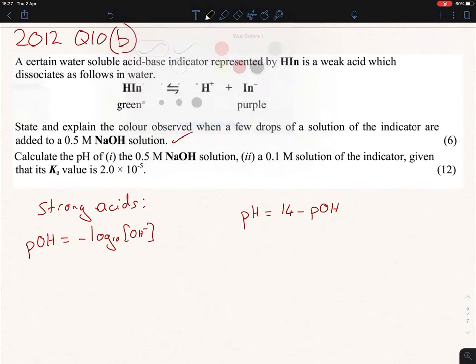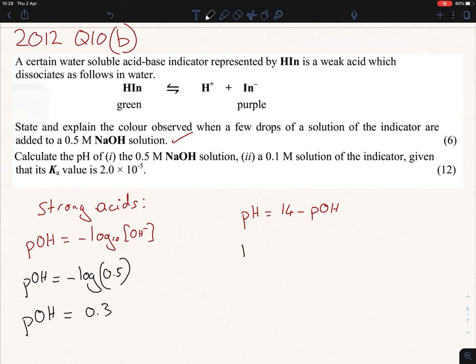So let's see what we have. pOH equals minus log, and we are dealing with 0.5. So just plug that straight into your calculator, and when you plug minus log into your calculator, you're going to get 0.3.